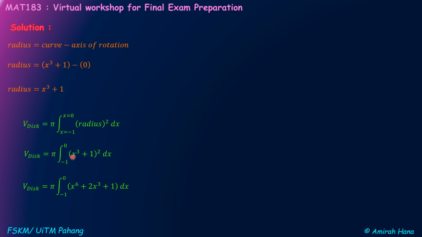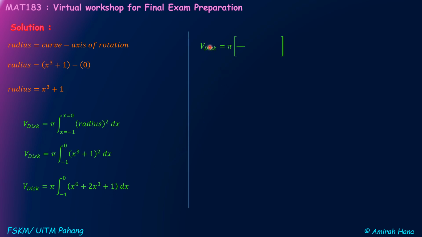Kuasa darab depan, darab belakang, dapat yang ni. And then plus belakang kuasa 2, dapat yang ni. Okay. Bukannya ambil depan kuasa 2, dapat x to the power of 6, plus ambil belakang kuasa 2, dapat 1. Bukan begitu ya. So, kena hati-hati. Expand yang ni, sangat ramai student yang salah. Okay, kena hati-hati ya.